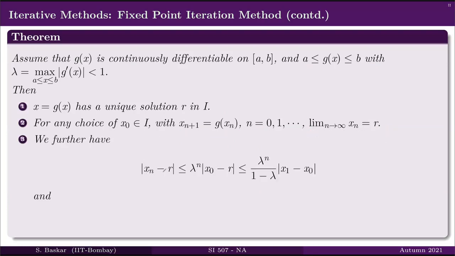And not only that, it gives you a nice estimate also for your mathematical error x_n minus R. If you recall, we got such an estimate in the bisection method, from where you can also obtain the number of iterations needed to achieve a certain tolerance on the mathematical error, right?